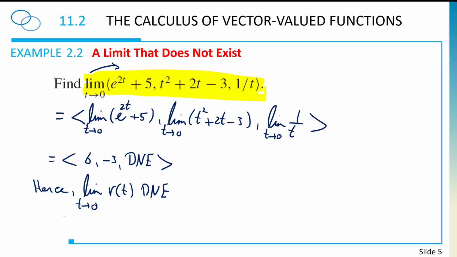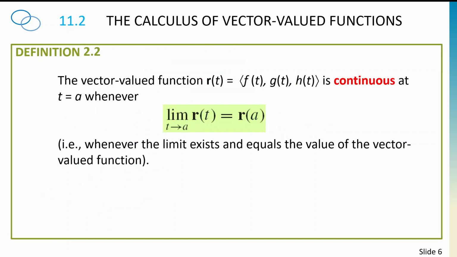Now, after we check the limits, and whether it exists or does not exist, usually the next concept when you studied calculus, after you cover the limits, is continuity, if the function is continuous or not.